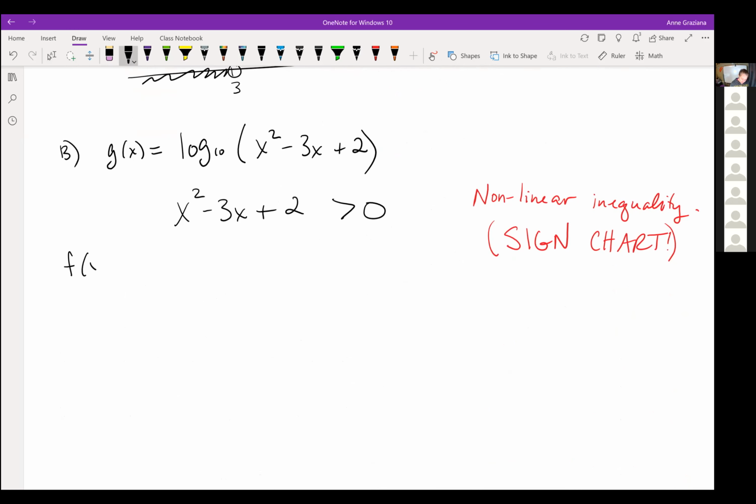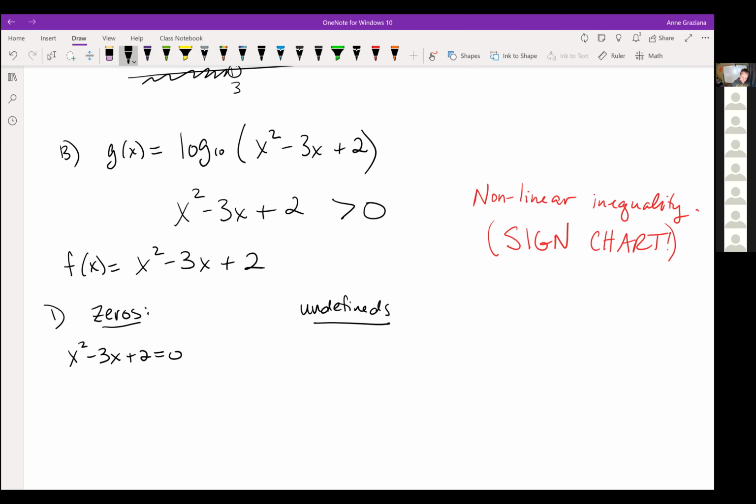Okay, so f of x is x squared minus 3x plus 2. That's my function. It's greater than 0. To create a sign chart, I have to do my zeros and my undefines. So step 1, let's find those. Zeros and undefines. We're going to set this equal to 0. What about my undefines? Is this polynomial undefined anywhere?